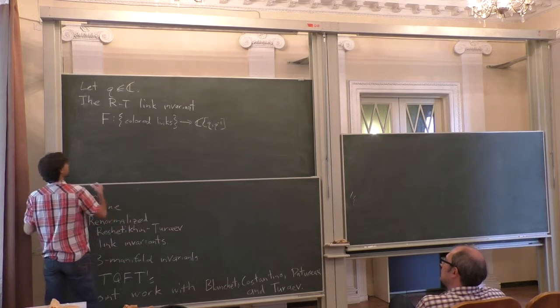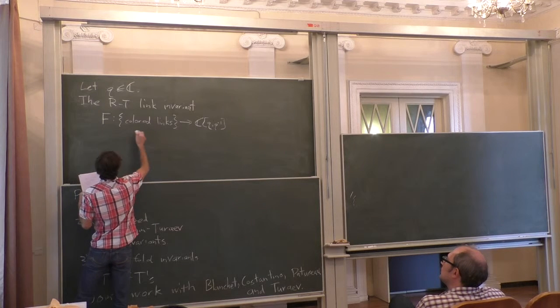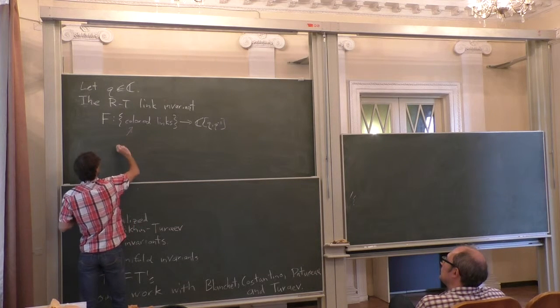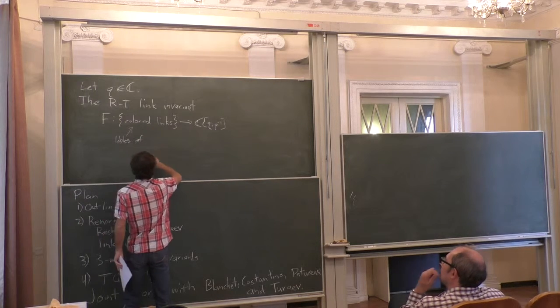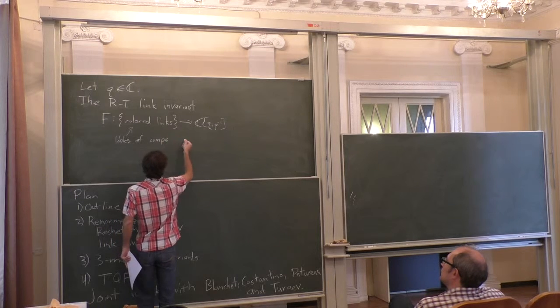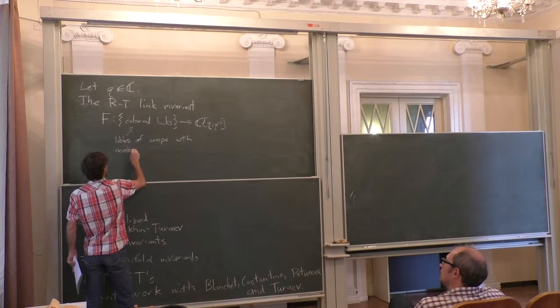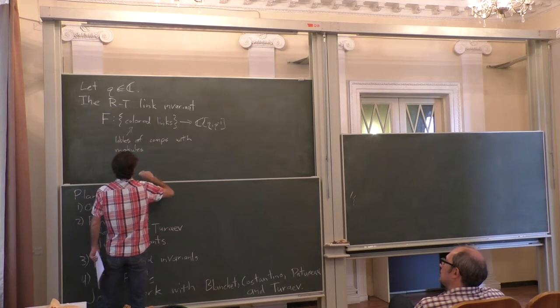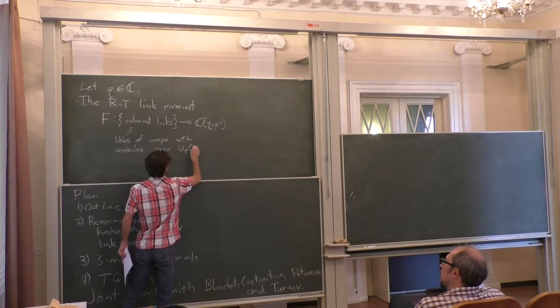This could be thought of as a generalization of the Jones polynomial, depending on what colors you have here. So these colors are labels of the strands or the components with modules over quantum SL2.